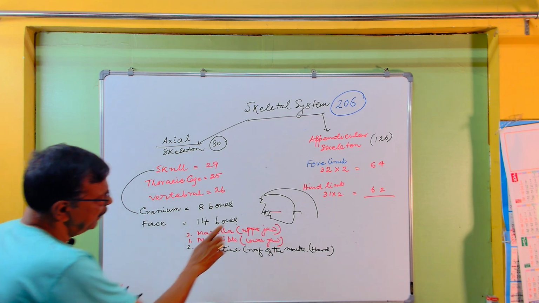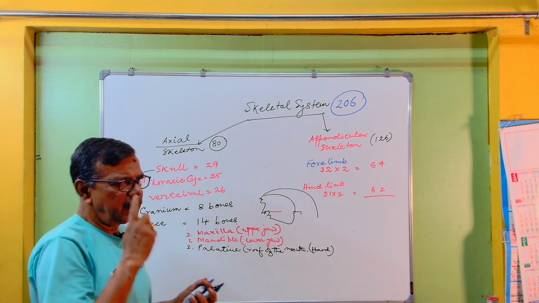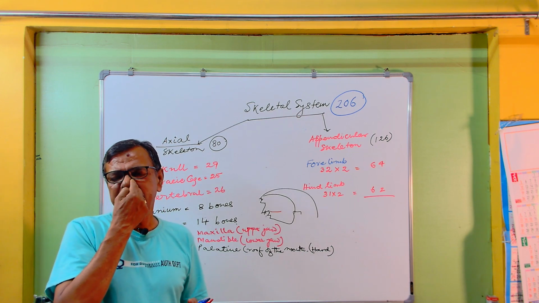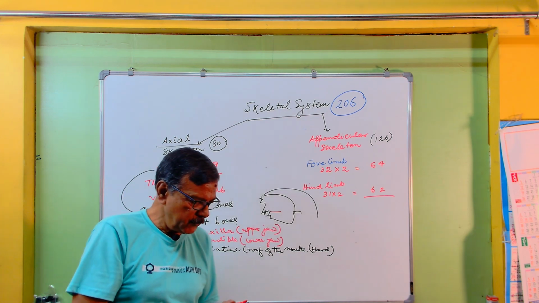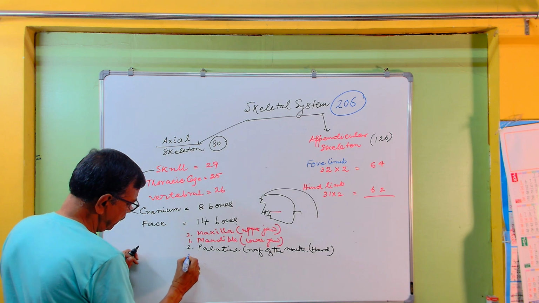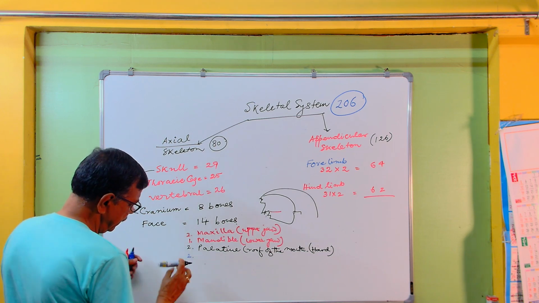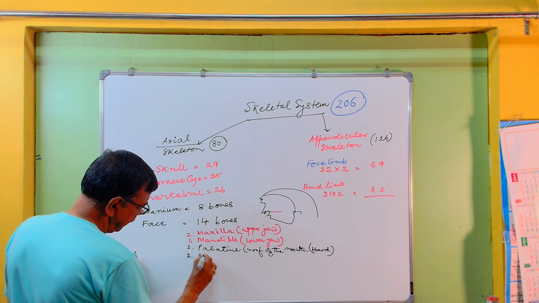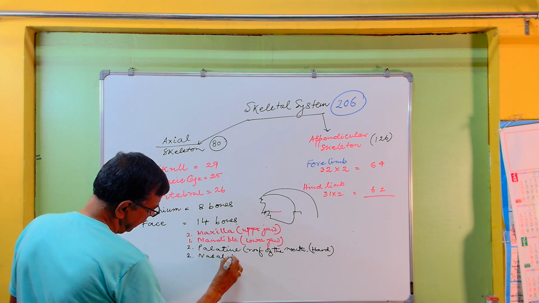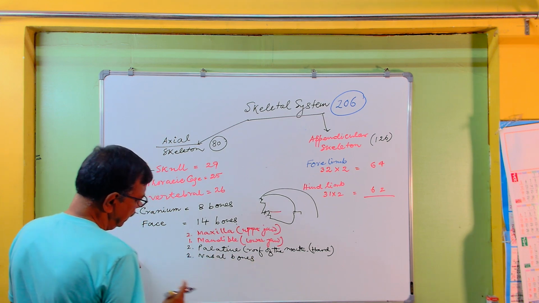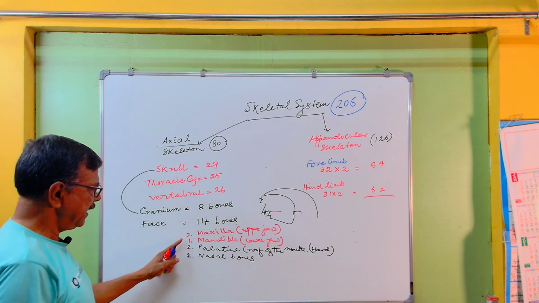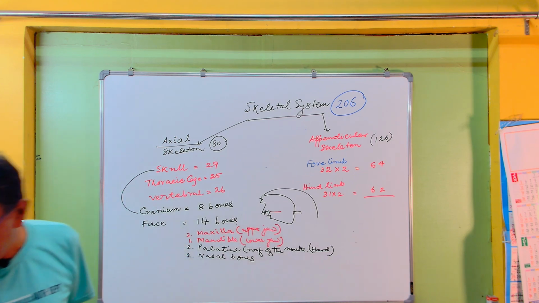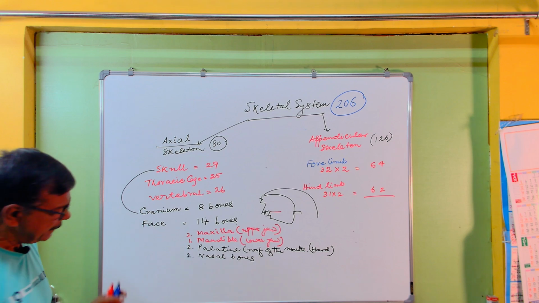Then the nose: on this side and this side we have two bones. These two bones are called nasal bones, two nasal bones. So maxilla, mandible, palatine, nasal, lacrimal.